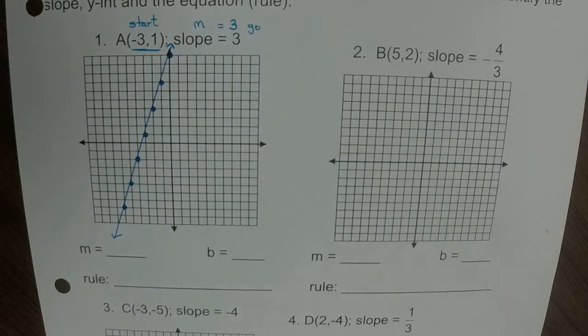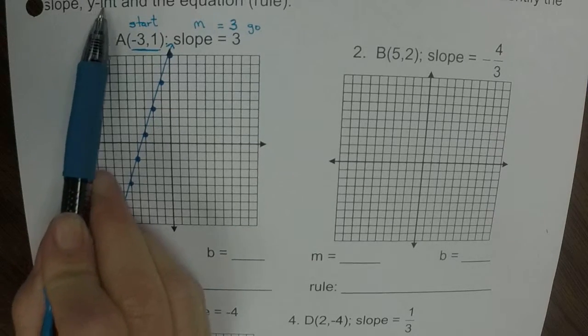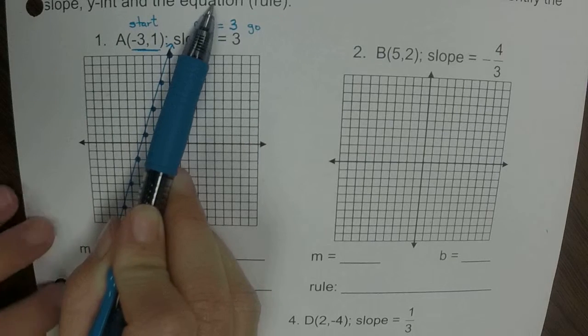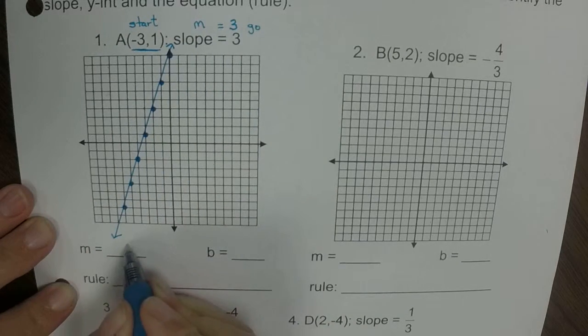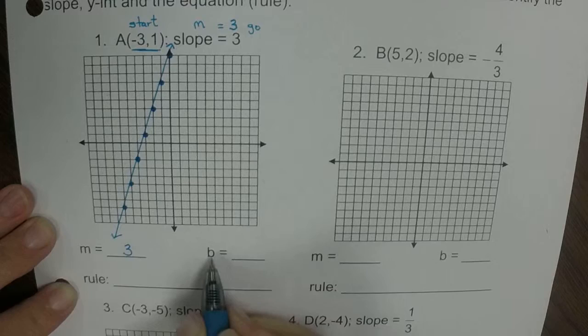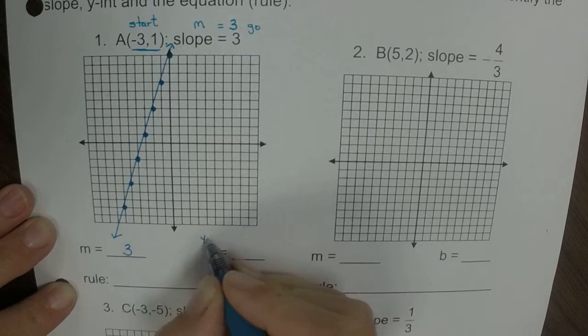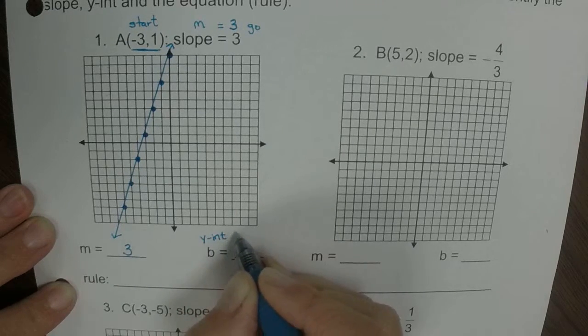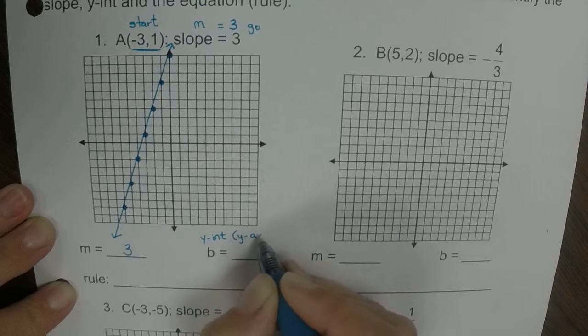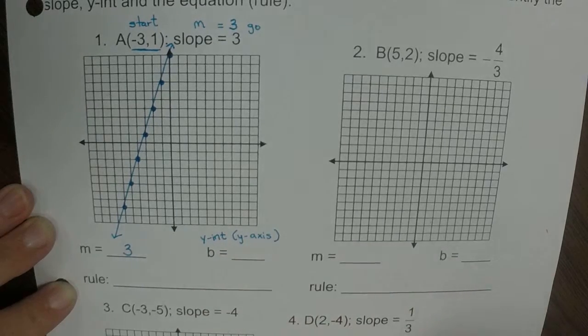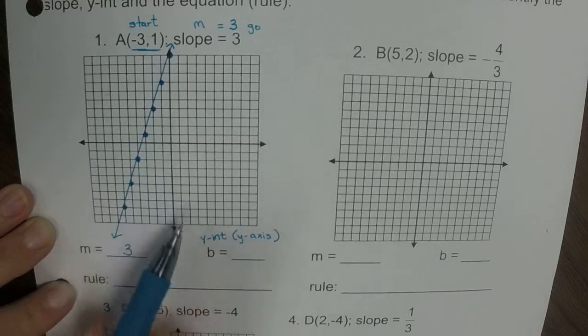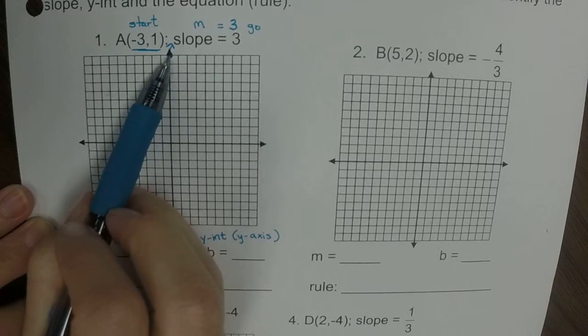So now we've done the first part, which said to draw the line. Now it says identify the slope, the y-intercept, and the equation. Well, the slope is pretty easy. They always give it to you. Then the b value, you remember this is the y-intercept. So this is going to be where it crosses the y-axis. So if I look at the y-axis, the only point is right here.